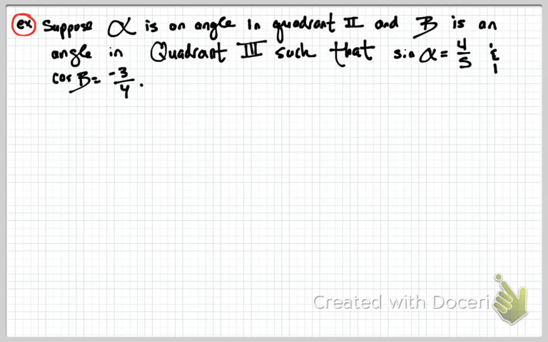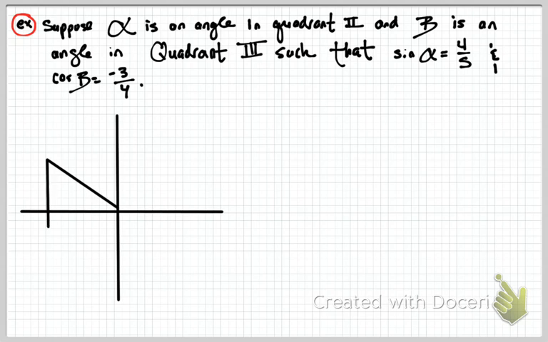So let's go ahead and sketch your x and y axis. And we're in quadrant 2 and 3. That's how our triangles are going to look. I'll talk about why the side is shared later.